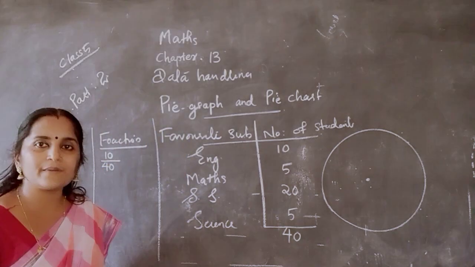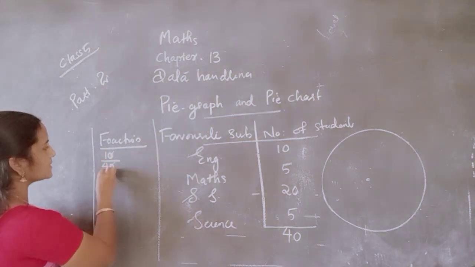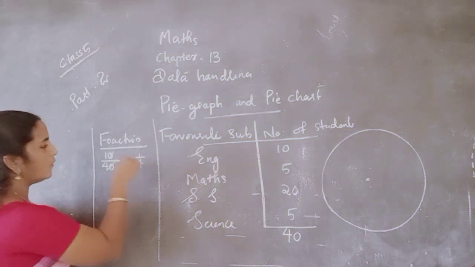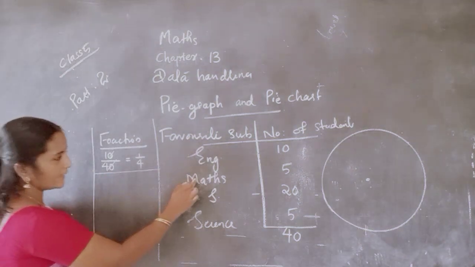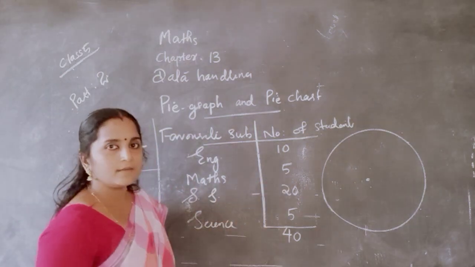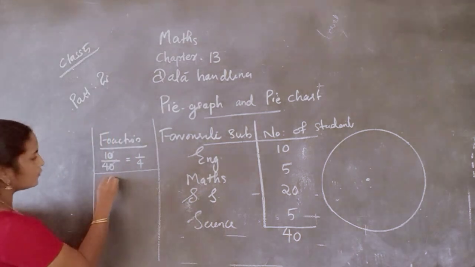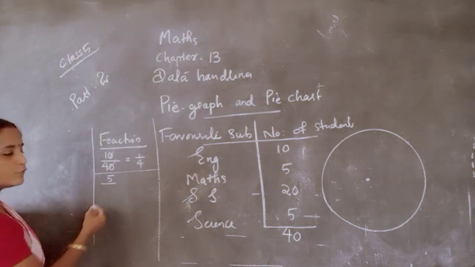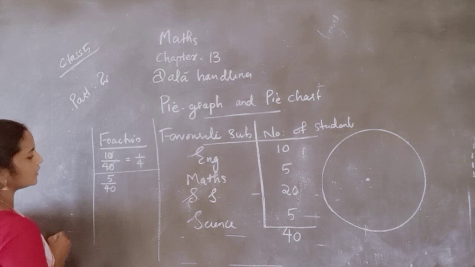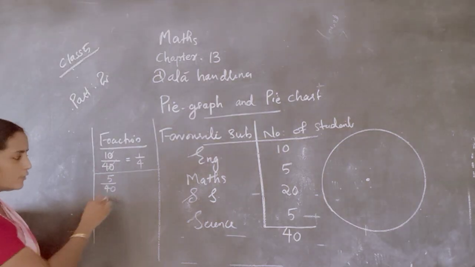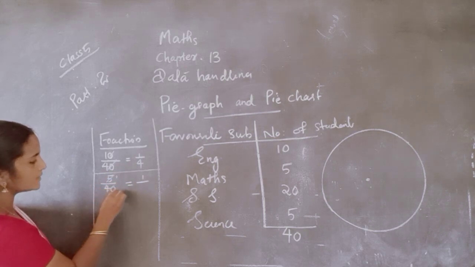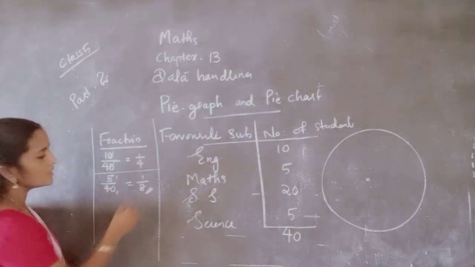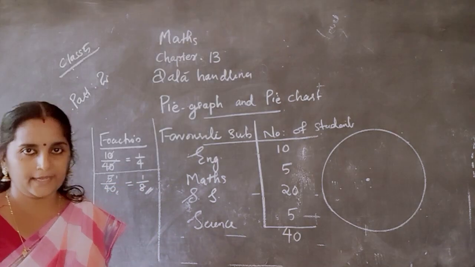Then you write the simplest form. We can cancel the 0 and 0 and you get 1 by 4. The next one is Maths. The corresponding number is 5, so 5 divided by 40. 5 eights are 40, so cancel, and the answer is 1 by 8.